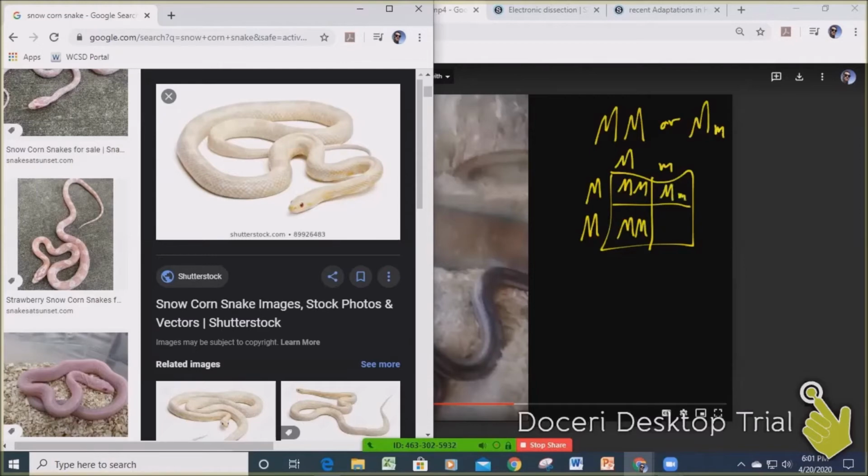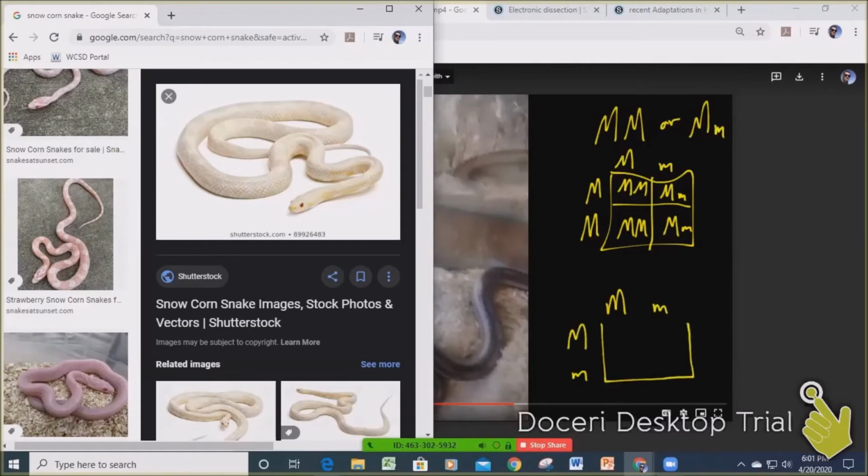this is what you end up with. They're all going to get at least one big M because that one parent's always passing on the big M. So if either one of them is homozygous dominant, I'm not getting any snow corns. The only way to get snow corns is if both of them were heterozygous for their melanin.